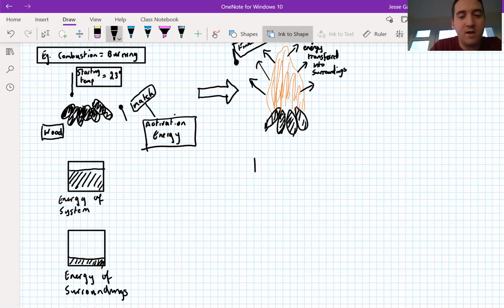Okay, and then if we look at the stores again after the reaction, what's happened to the energy of the system as the fuel gets burned? Well, the energy reduces, it goes down, it's less energy. And what's happened to the energy of the surroundings?